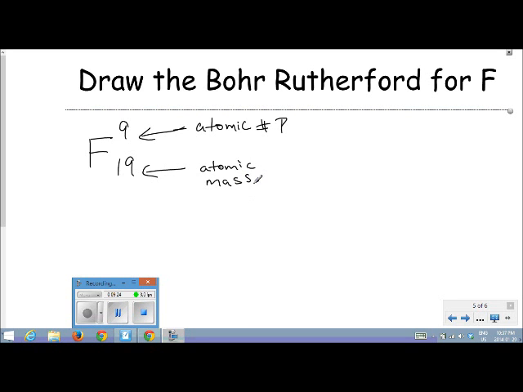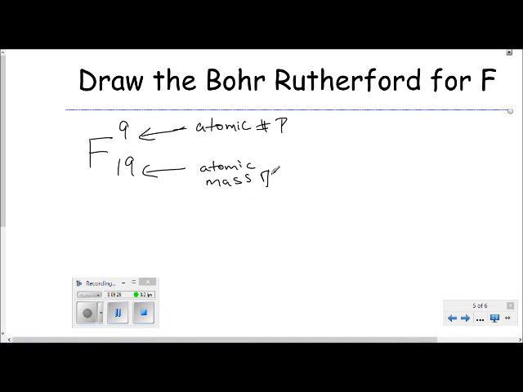So again, our atomic mass is protons plus neutrons, okay? And we know that's going to be equal to 19, okay? And currently we have 9 protons. So 9 plus the number of neutrons is going to be equal to 19. I'm not going to insult your algebra intelligence here, but that's going to be 10.